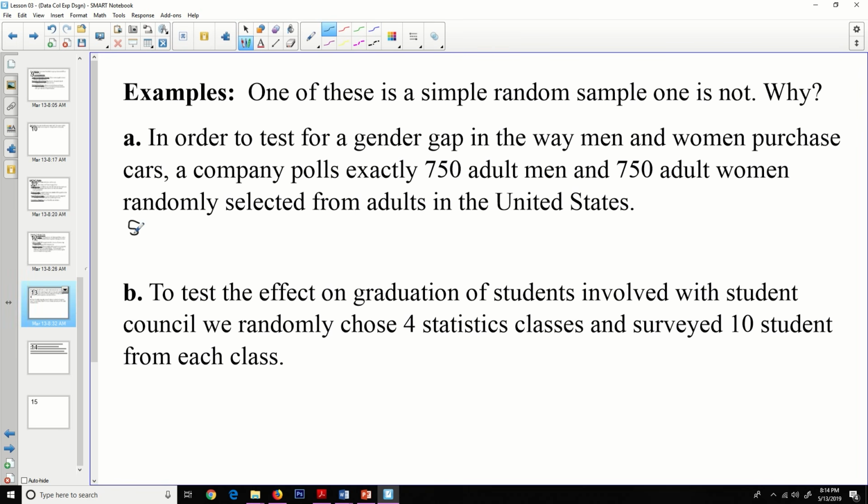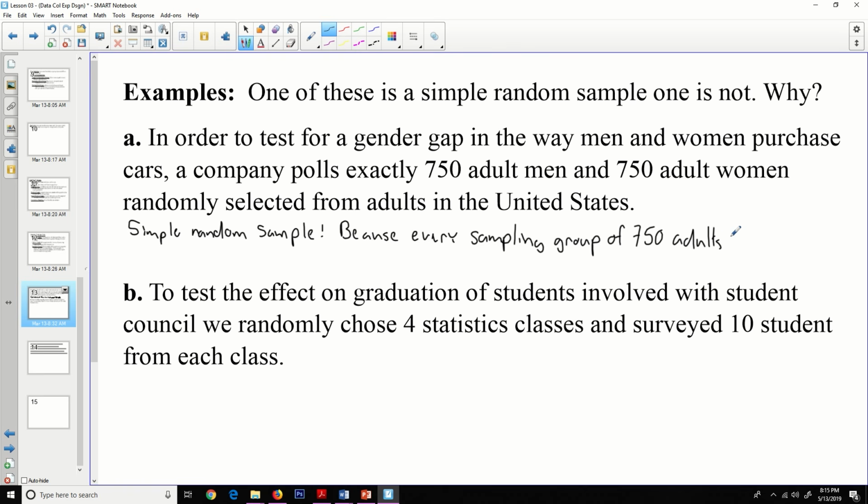So this one is a simple random sample because every sampling group of 750 adults has the same chance of being chosen.